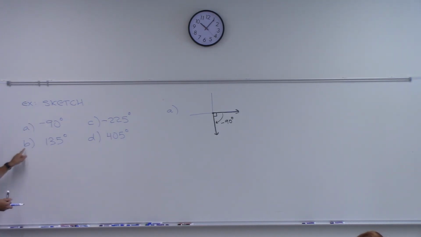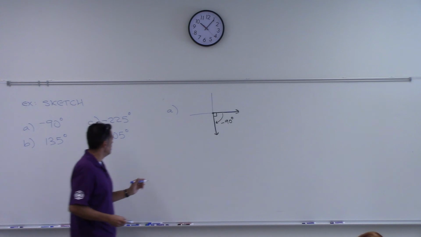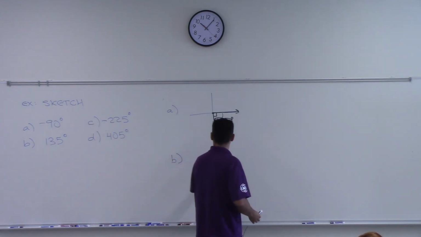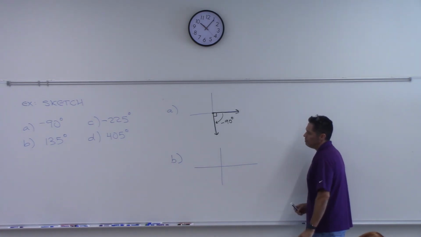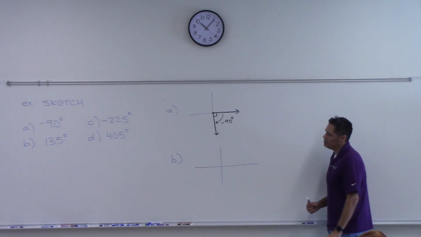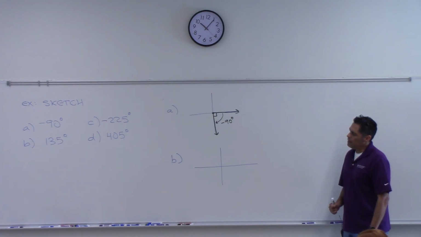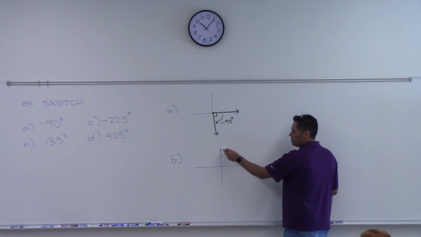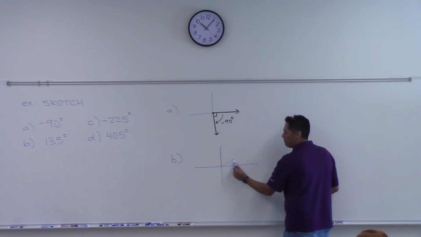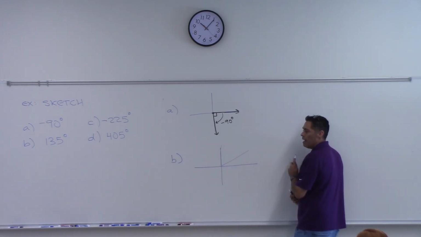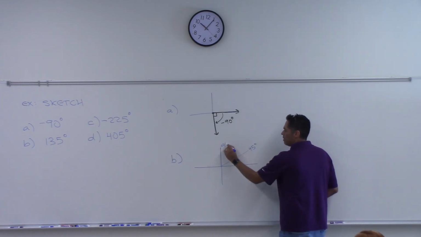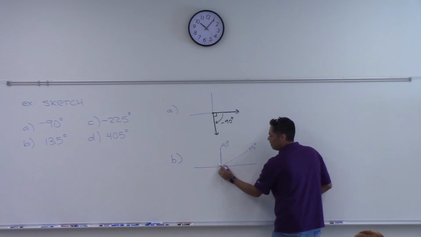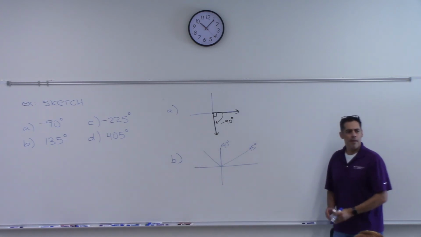All right, how about B, 135? Well, hold on. That's not one we know, is it? So maybe it will help if we think about it: if straight up is 90, what would halfway be here? Half of 90, right? That would be 45 degrees. This is 90 degrees.